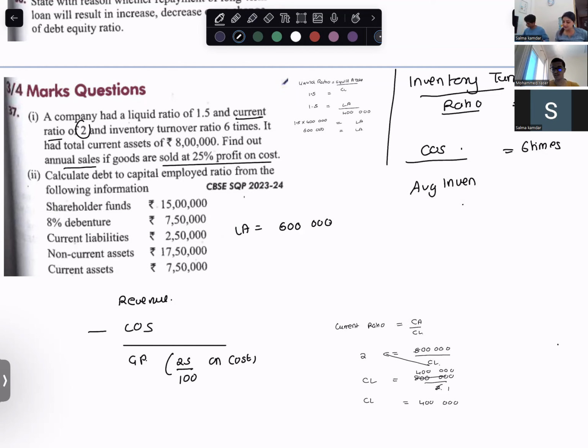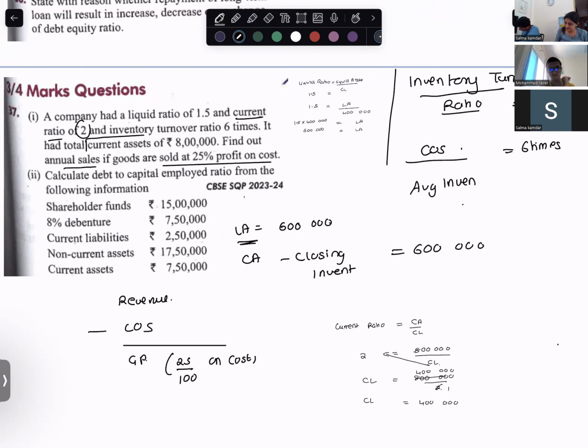What is the formula for liquid assets? Current assets minus closing inventory is 600,000. Do I know my current assets?